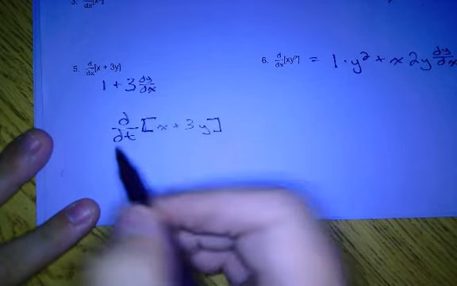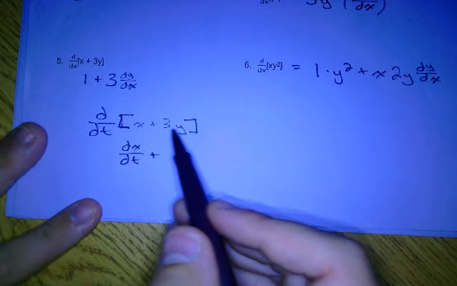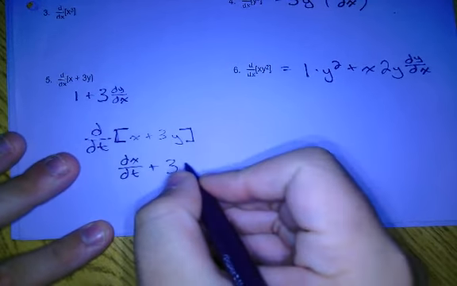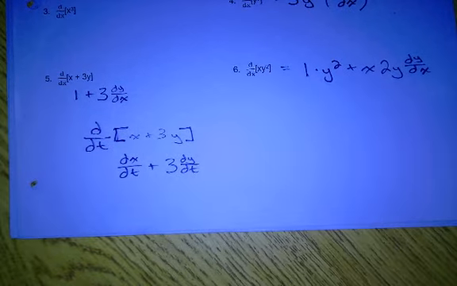It'd be 1 times, got to tag it because it's a different variable in the bottom. So it's going to be dx over dt plus the derivative of 3y is just, do we have to tag it? Y. Just got to be careful with stuff like that. Alright?